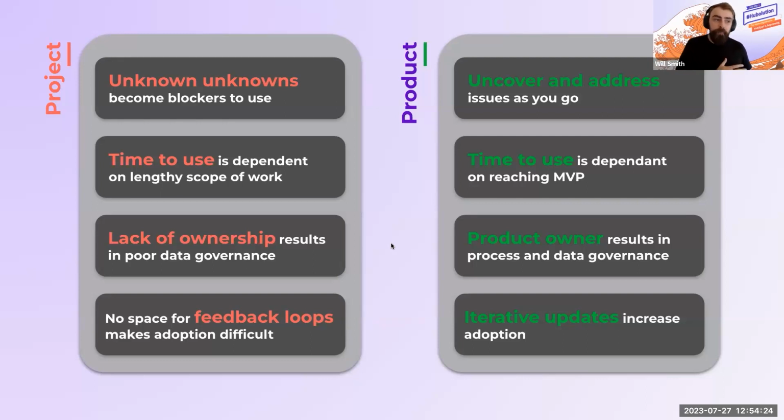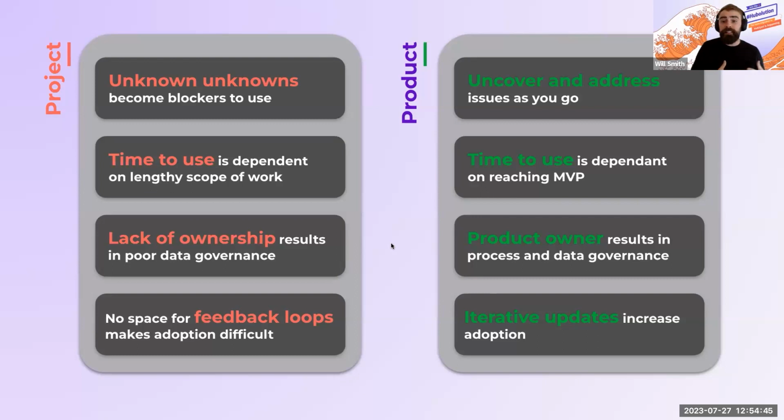A lack of ownership in the project side of things, quite often it's an external party that's brought in to implement a CRM. They then leave, no one owns that, and it gets very, very messy. Whereas if you think about it that a product owner exists, that then results in process and data governance.